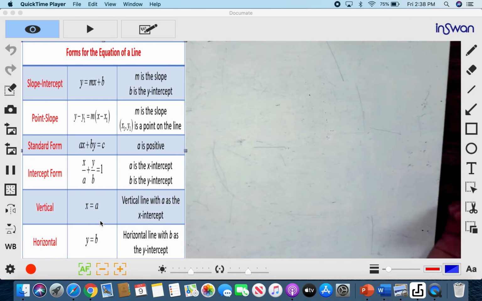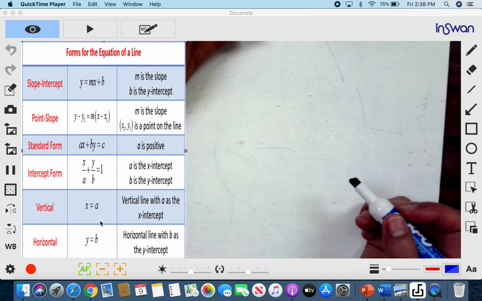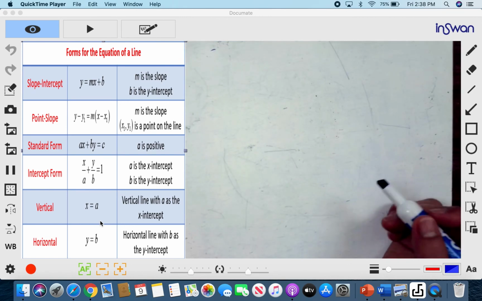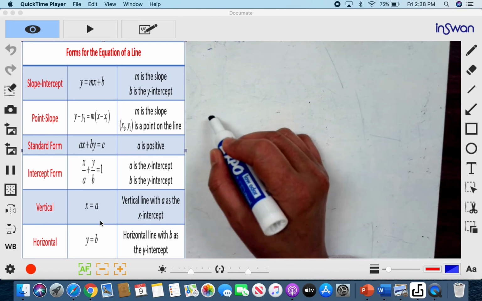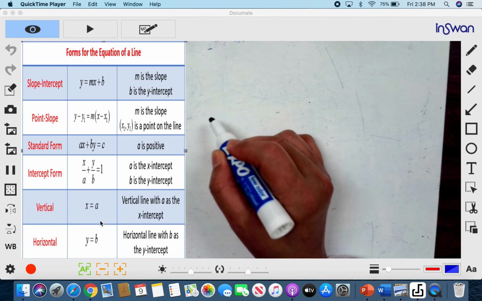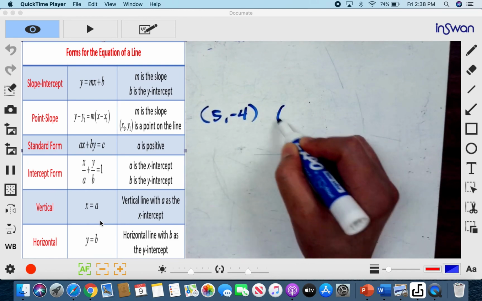Now, therefore, we will summarize. And by this time, I hope that whenever you have certain conditions, you know the equation of a line to be used. So let's say, for example, the line is passing through 5, negative 4, and 2, 0.